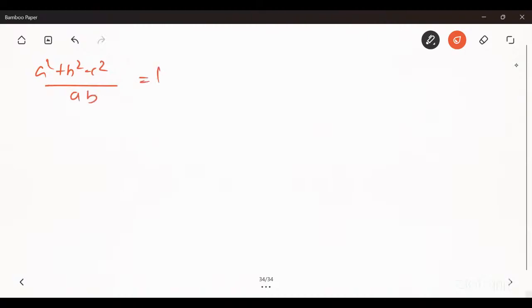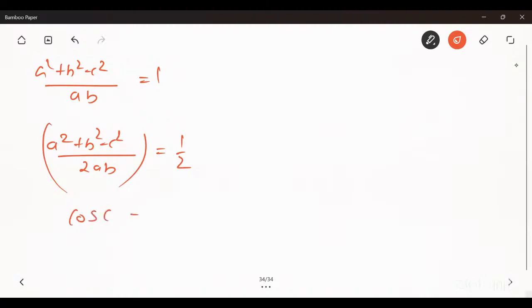Now multiply both sides by 1 upon 2. So you will get A square plus B square minus C square by 2AB is equal to 1 upon 2. And that was the value of cos C. And if cos C is 1 upon 2, then C is equal to 60 degree. Okay, that was your question.